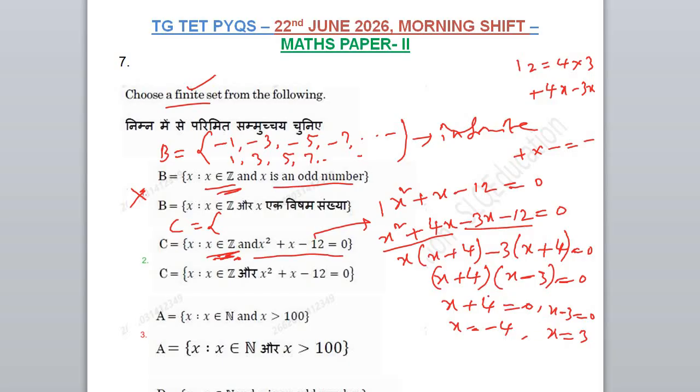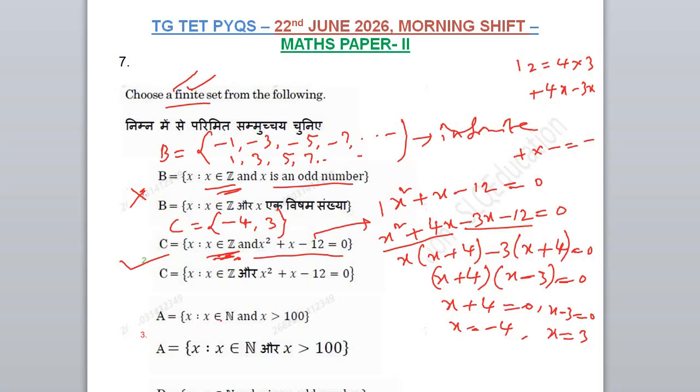So this is a finite set. X has got only two values, minus 4 and 3. They are members of Z, integers, and at the same time satisfy this equation. So this is a finite one. This is what we have to find.